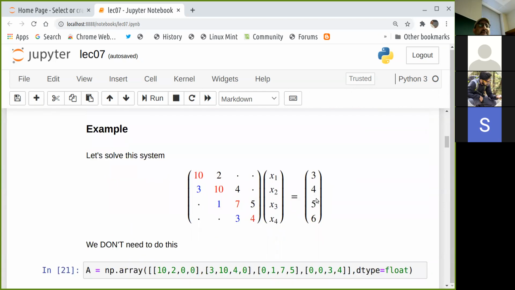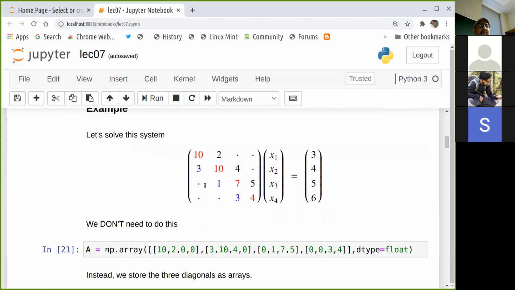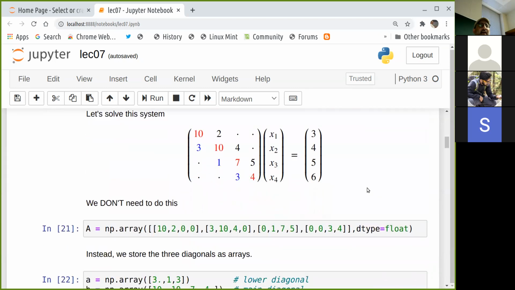Going back to our example, this is the example that we had before. Once again, I don't need to store this entire matrix, and there's no point, for a large tridiagonal system, in storing lots of zeros. You just store the three diagonals which have the non-zero elements.